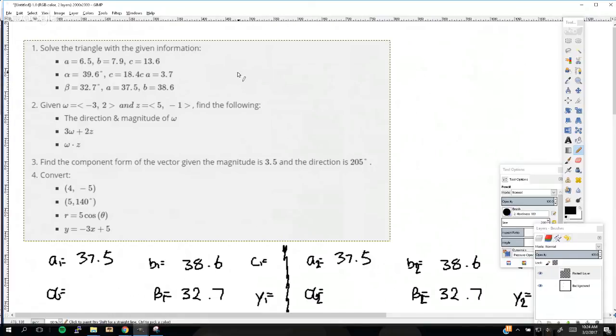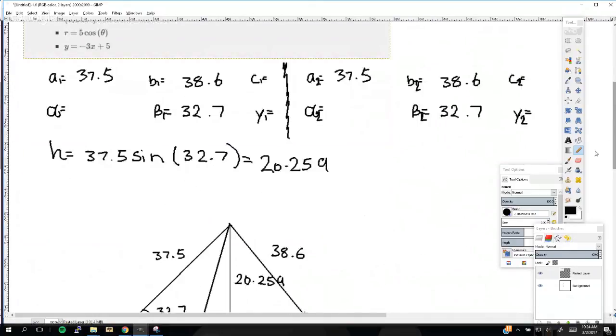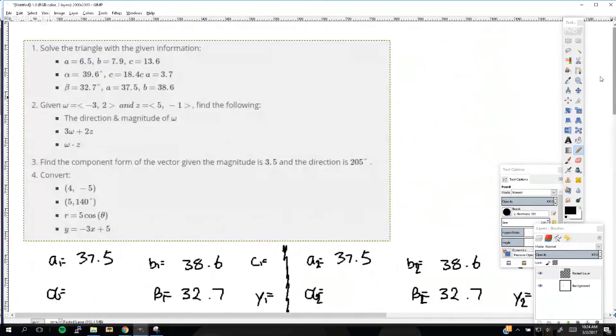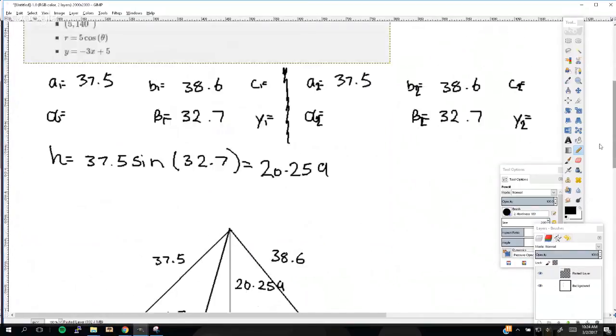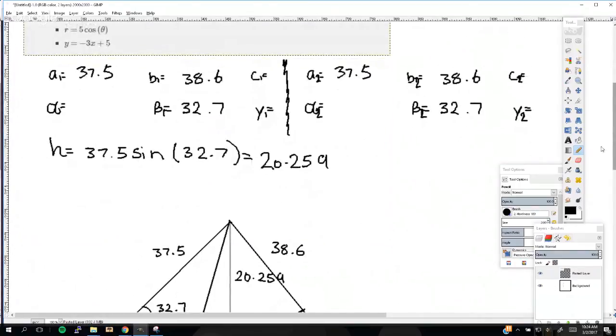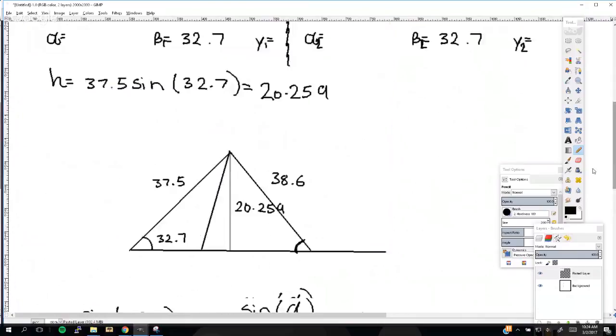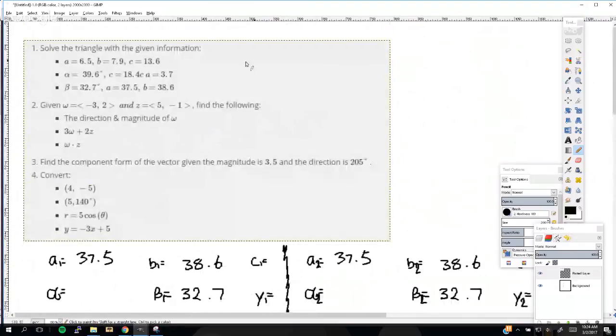If we want to find, well, we already know b squared. Hmm, actually I don't think we can use law of cosines because we don't know all the angles yet. Oh, but we could do a squared plus b squared equals c squared, because it would make a right triangle, right?